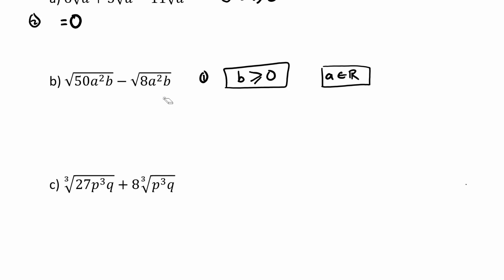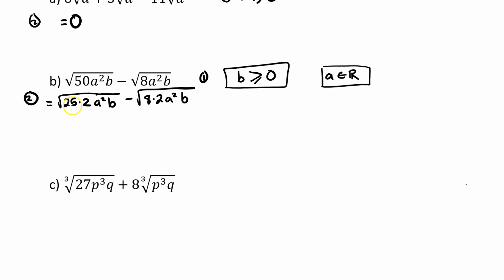Okay, well, now let's do step 2, which is simplifying. So I'm noticing that we have perfect square factors in here, so I'm going to simplify that. So I'm going to say, okay, 50 here is 25 times 2 times a squared, which is a perfect square factor here, times b, minus the square root of 8 times 2 times a squared times b.